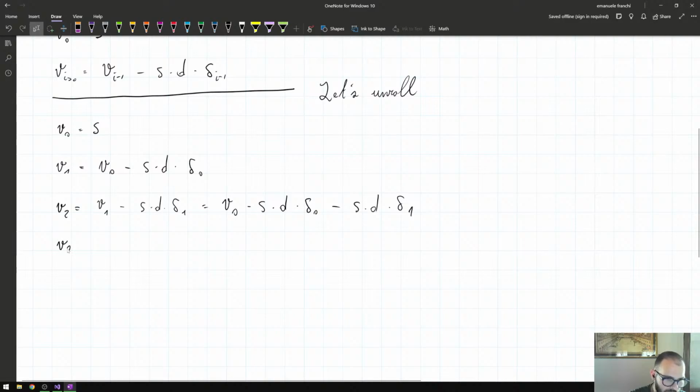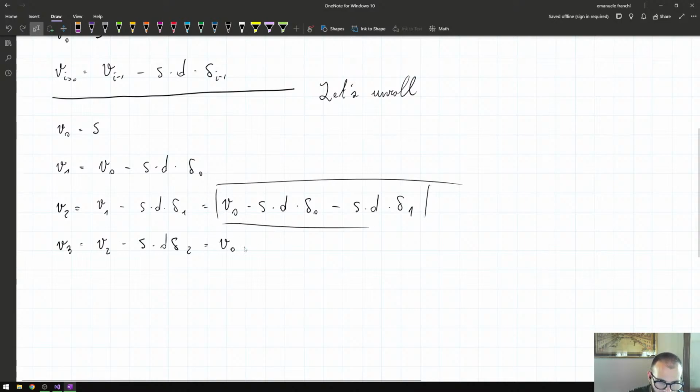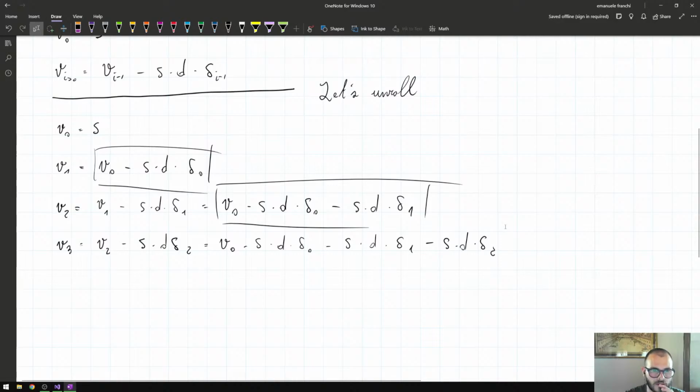Obviously V3 is V2 minus S times D delta 2, which is V0 minus S times D times delta 0 minus S times D times delta 1 minus S times D times delta 2. You can easily see that this is like that.